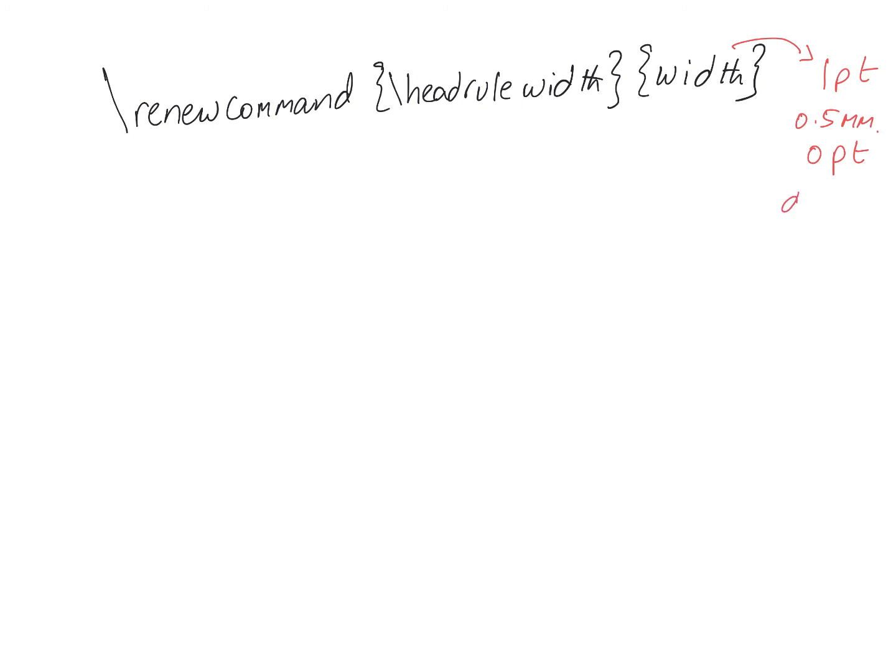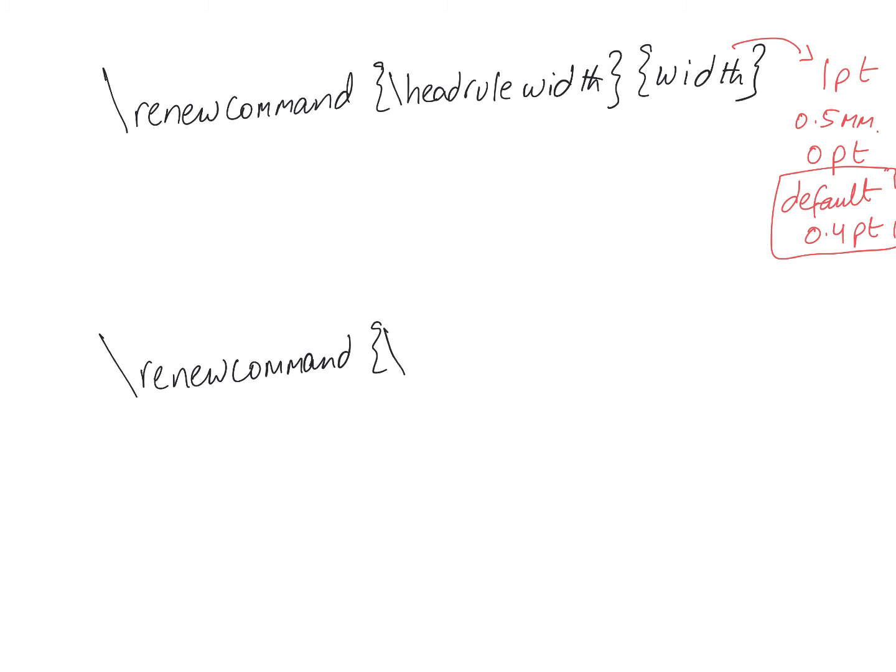The default is 0.4 pt. If you change that setting, then you'll see the changes as needed. Same thing if you wanted to make the change in the footer, you'd go to footrulewidth and width. The default for the footer is 0 pt.